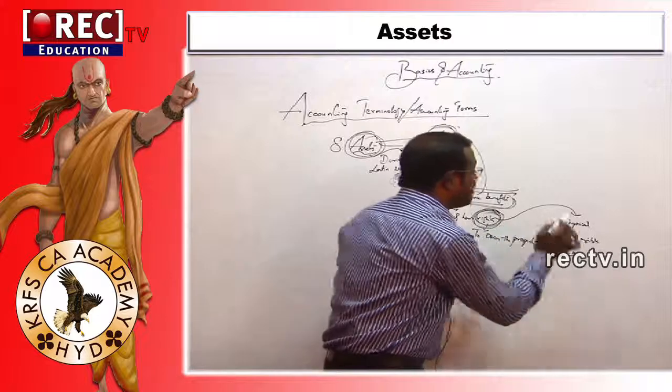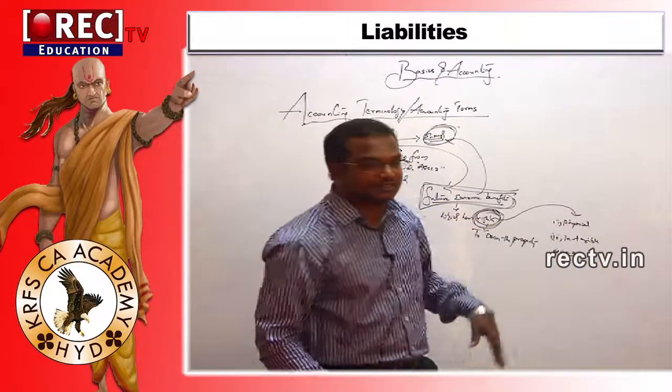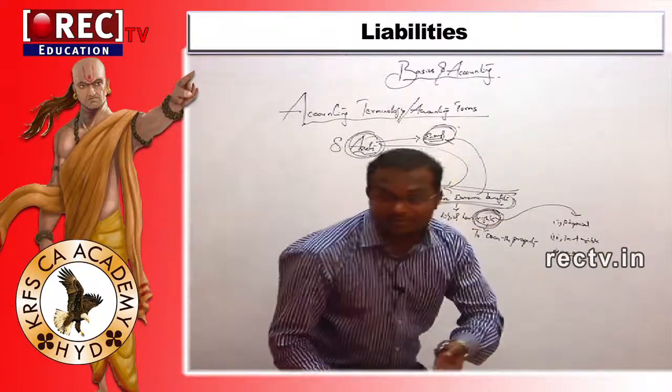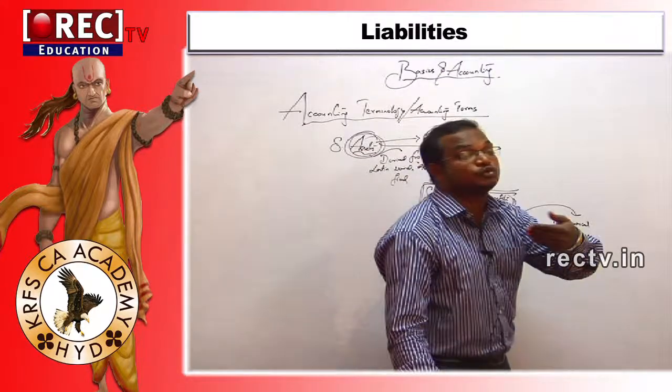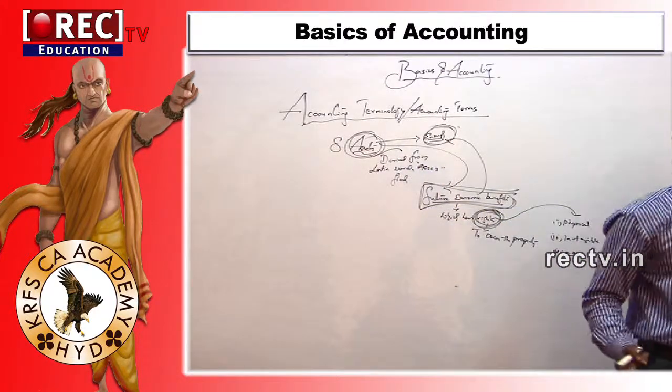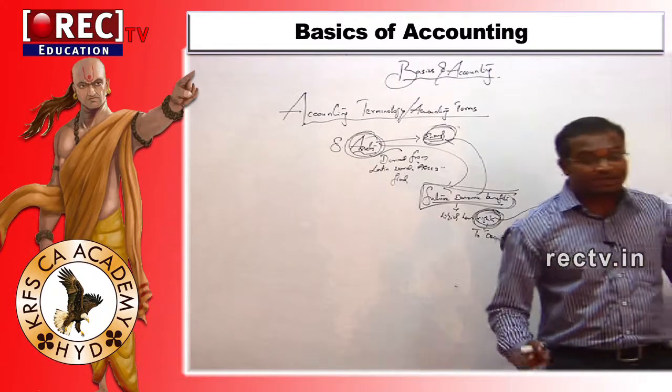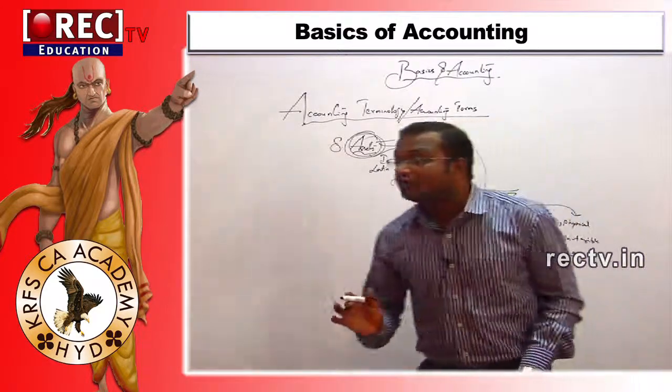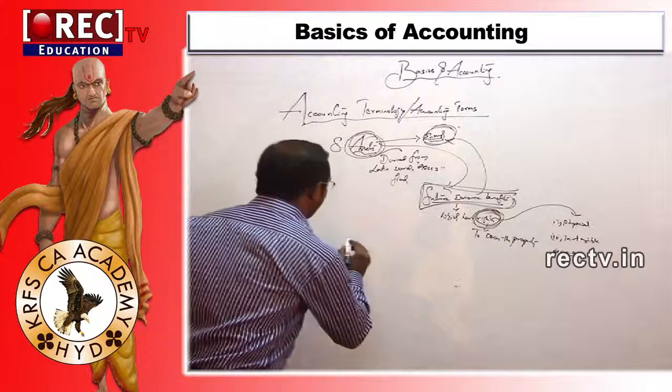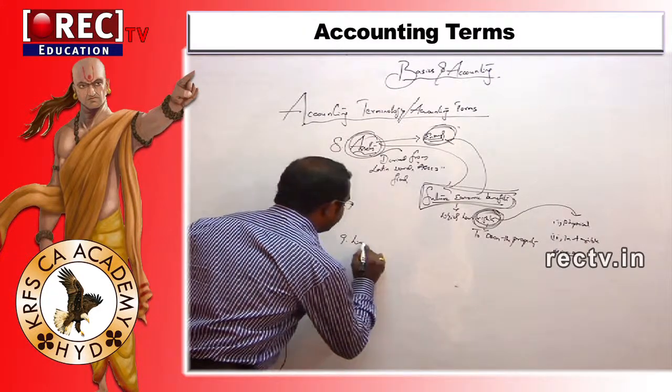How are we going to write it? You have the right in the form of physical properties, intangible assets, and in the form of current assets, which is due to the company. This is nothing but assets of the company. Now I am going to teach you about liabilities. What is meant by liabilities?